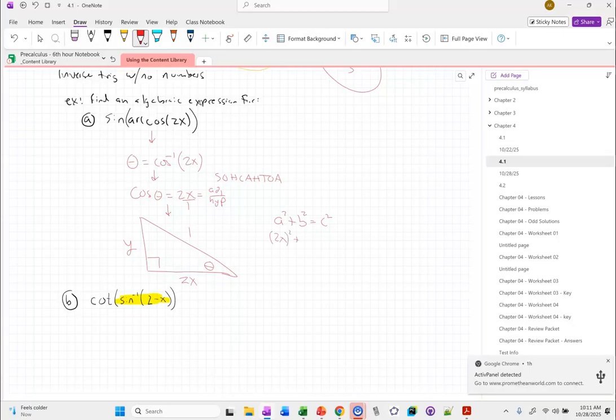So 2x squared plus y squared is equal to 1 squared. What is 2x squared? 4x squared, right? 2x times 2x is 4x squared. And 1 squared obviously is just 1. So to get the y by itself, I'm going to subtract that 4x squared from both sides.